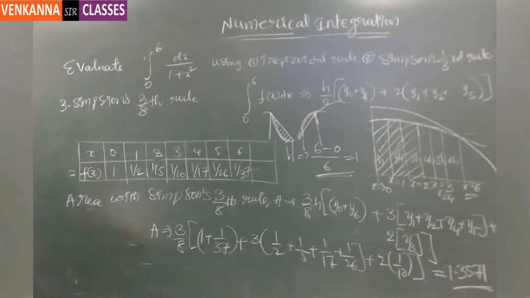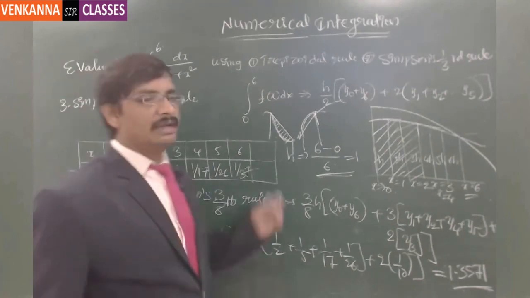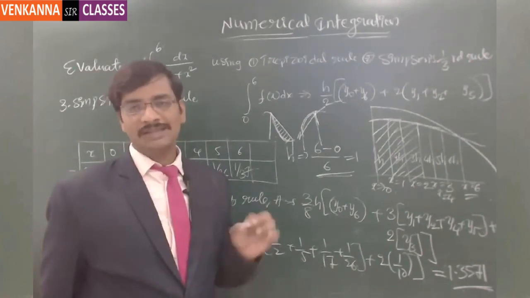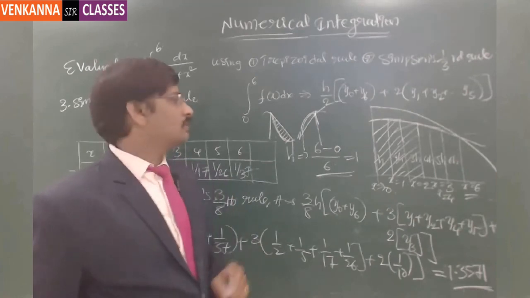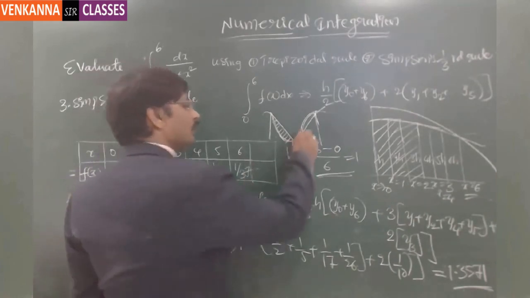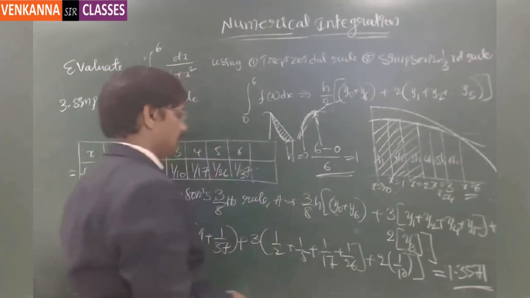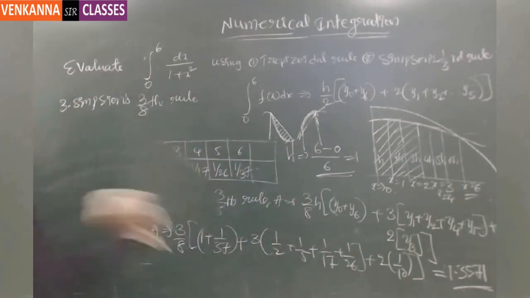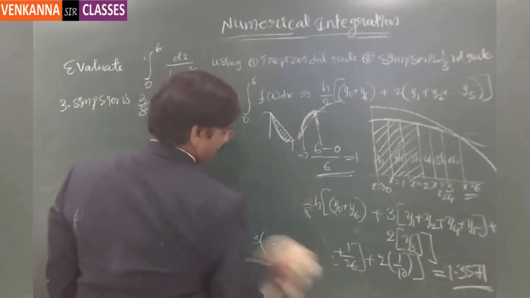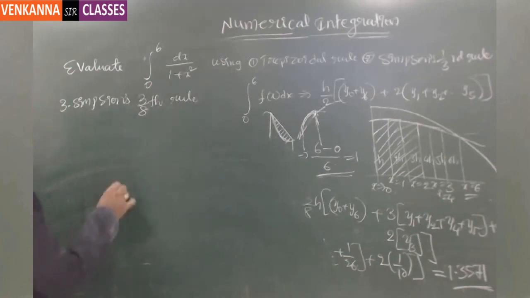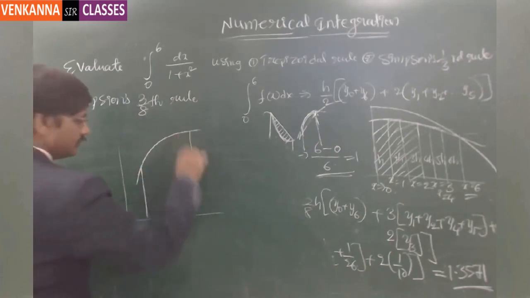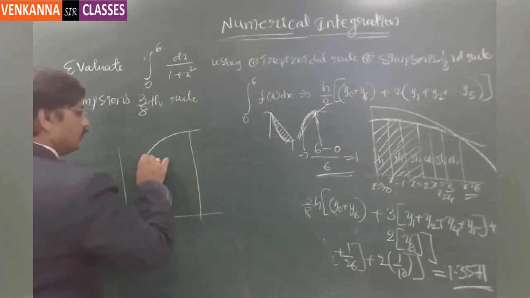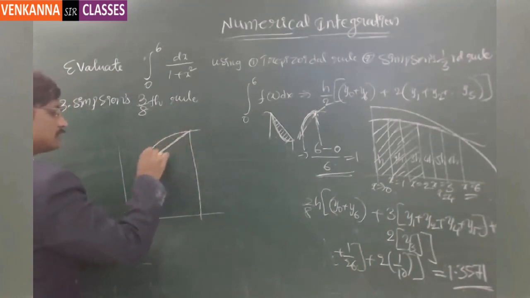See, as I explained earlier, whether the area is more or less than the accurate value is always dependent on the nature of the curve. So if the curve is of this particular format, I'll draw better. Suppose you are using the trapezoidal rule, if this is the curve, then this is one point and this is another point, and you are trying to approximate this curve as a straight line.